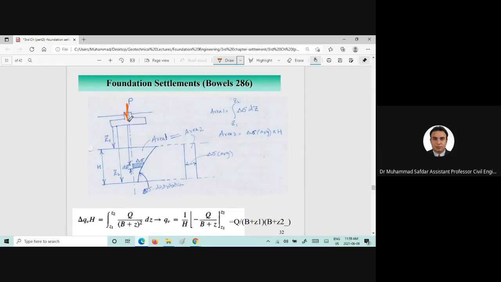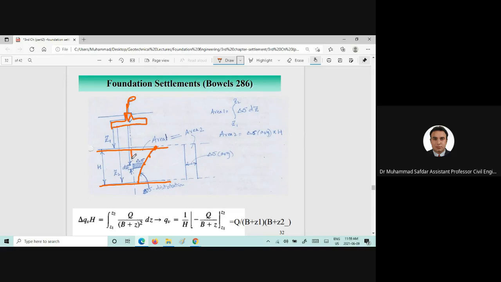For example, if load Q or P is applied, and if it is requested to find out the stress increase, we already know that the stress increase would be greater near the foundation at a shallower depth, and then it will decrease.